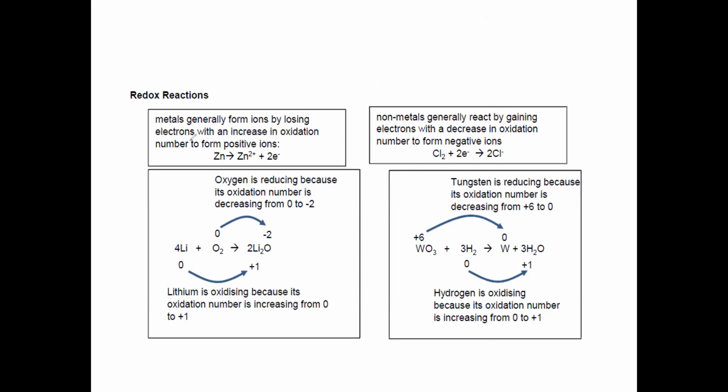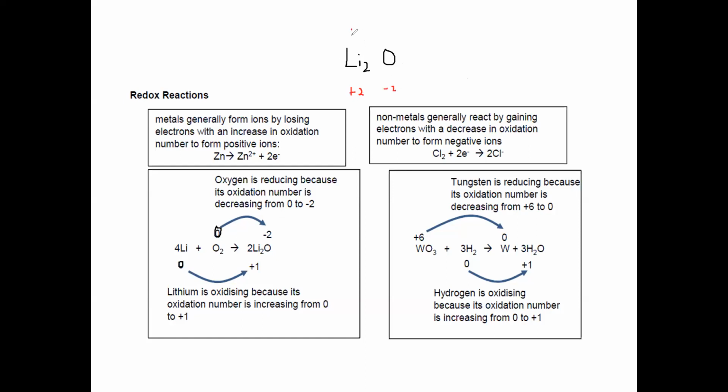For example, when metals form ions, they tend to lose electrons, and non-metals tend to gain electrons. So when lithium reacts with oxygen, it forms lithium oxide. Lithium element has oxidation number 0. Oxygen element oxidation number is 0. So both have 0 oxidation but form the compound lithium oxide. In lithium oxide, one lithium is +1, so two lithium are +2, and oxygen should be minus.